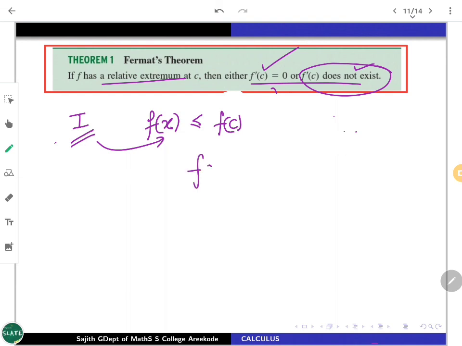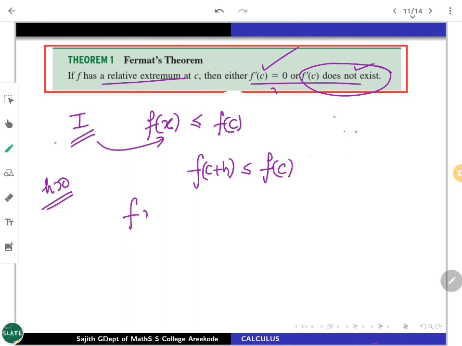If I take h as positive, a sufficiently small h, and look at f of c plus h, that is definitely going to be less than or equal to f of c, because at c we have the relative maximum. So f of c plus h is less than or equal to f of c.